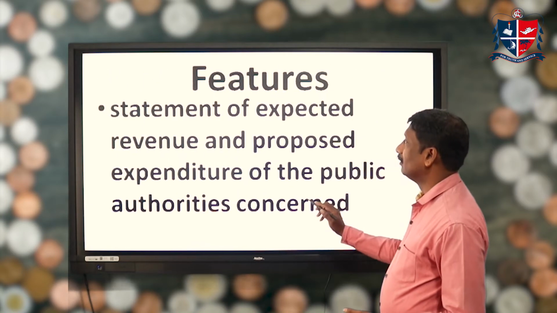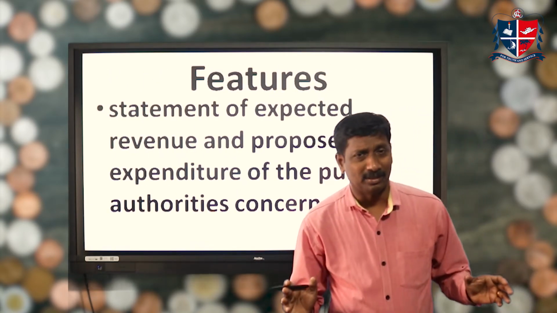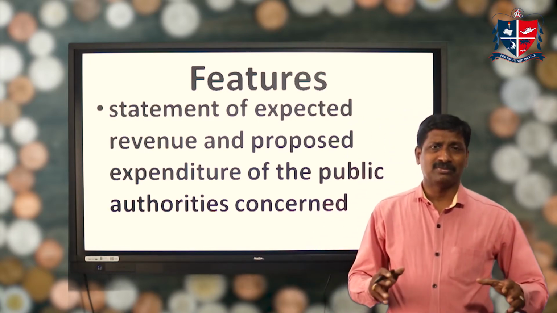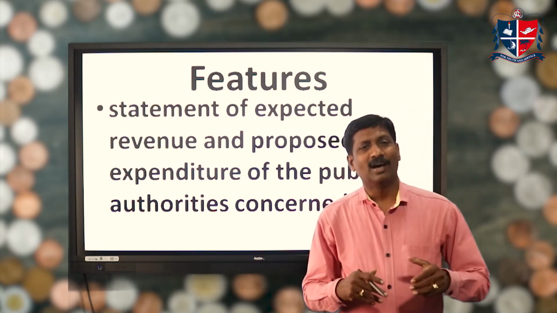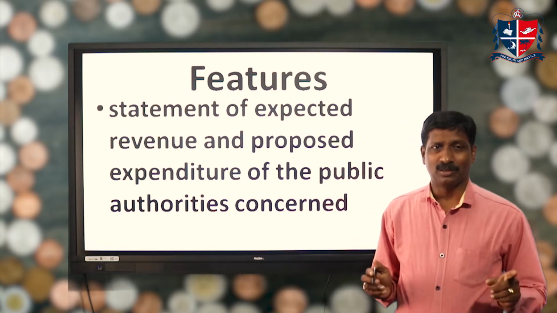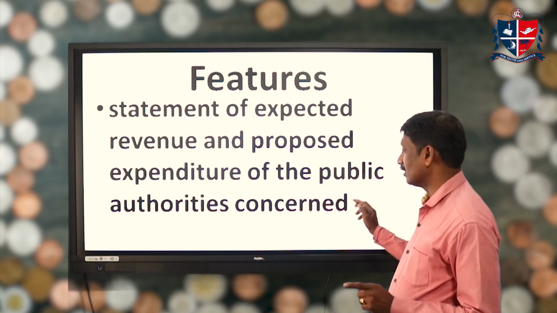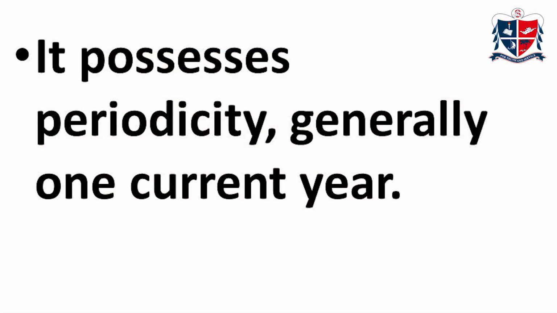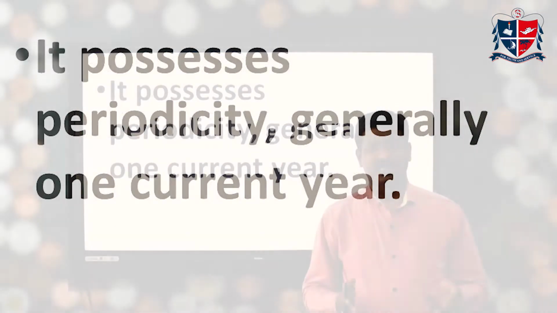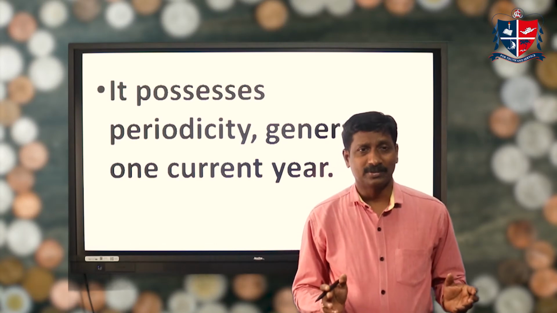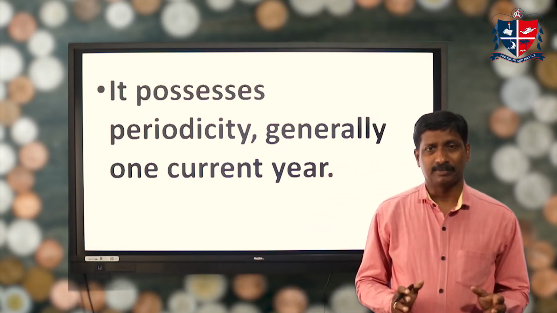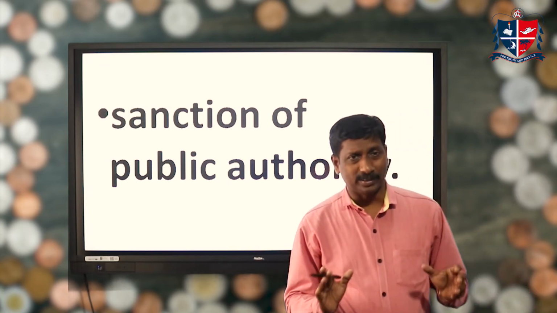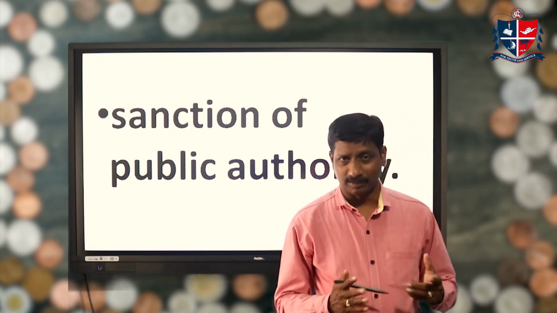And when we talk about the features of the budget, as I mentioned, it is a statement of expected revenues and a proposed expenditure of the public authorities concerned, mainly government, in our discussion. Another feature of budget is it possesses periodicity, generally one current year. Third feature of a budget is it requires sanction from the public authority.